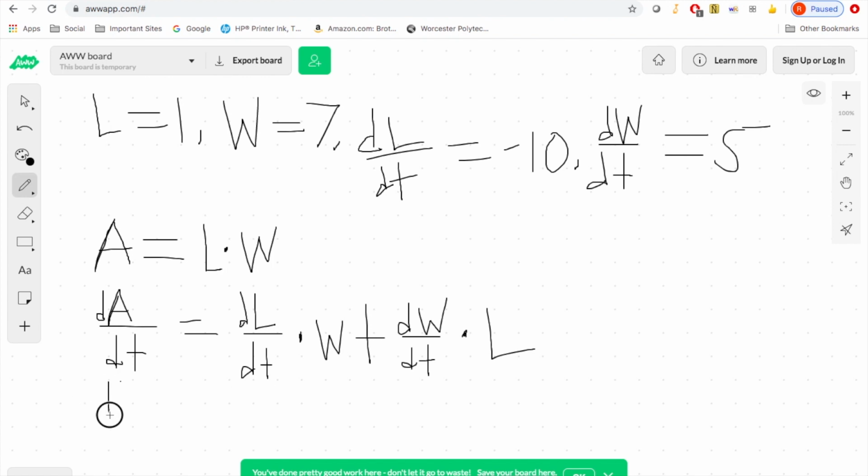Watch how easy it is from here. dA dt equals, and now all we're doing is plugging values in. We have all these values. We just need to plug them in correctly. So what is dl dt? It's negative 10. What is the width? 7.